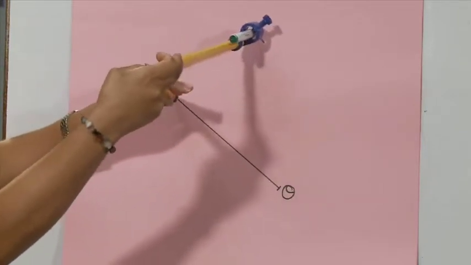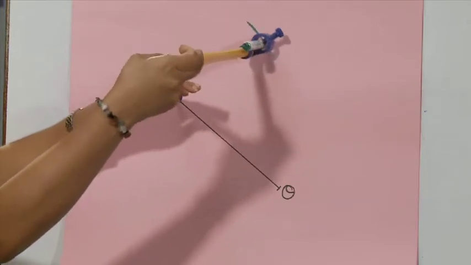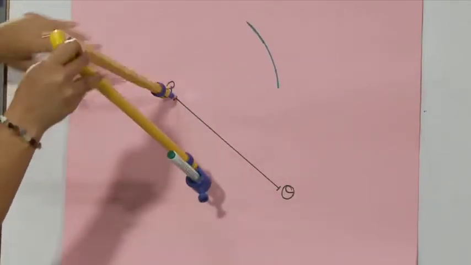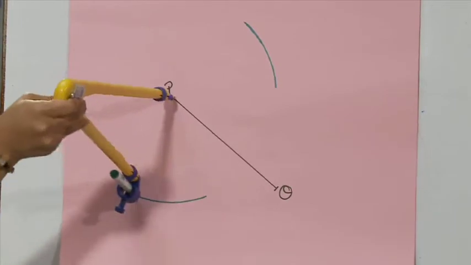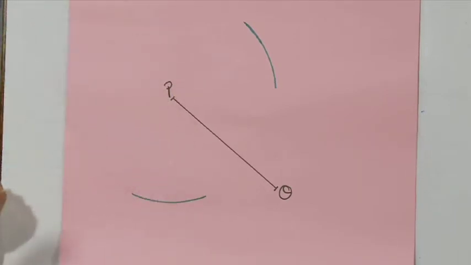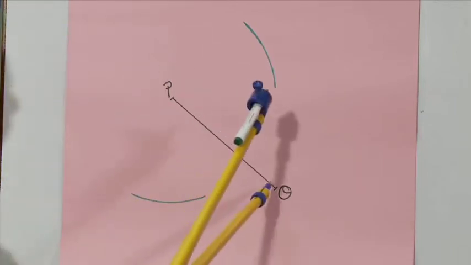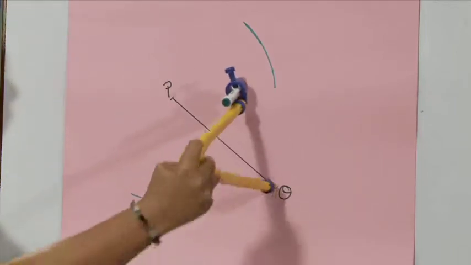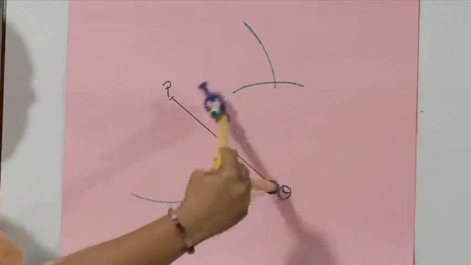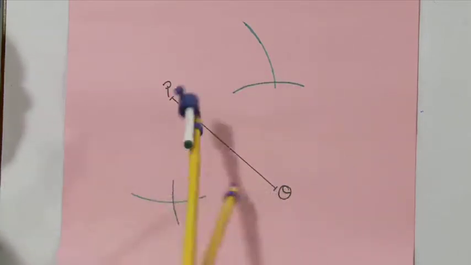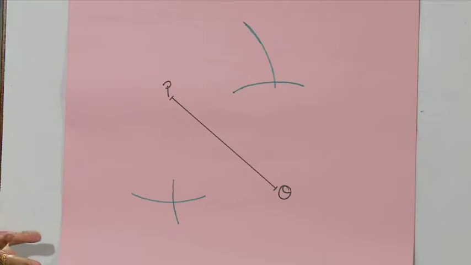So that will be one here and one down. Okay? Same measurement. Don't forget, you don't change it. You place the pointer on Q and you're going to bisect the two arcs. Good? And then what do we do? Same thing.